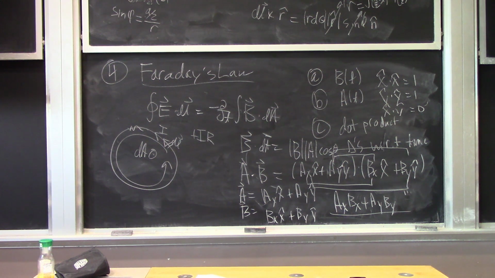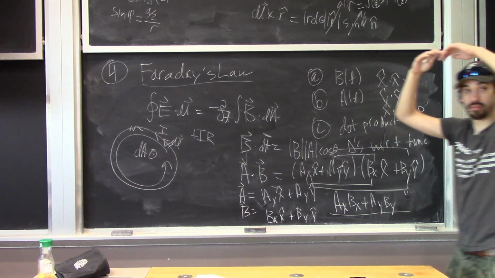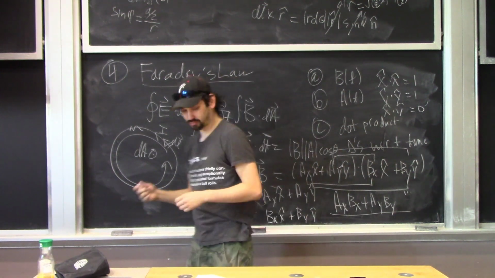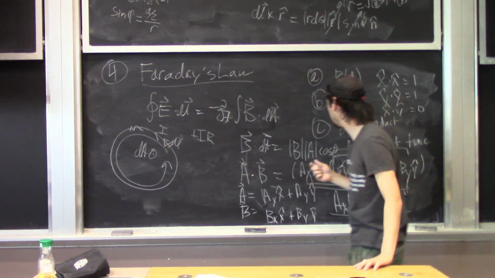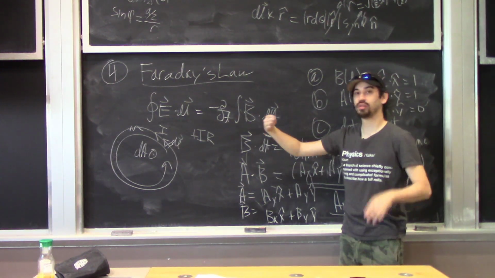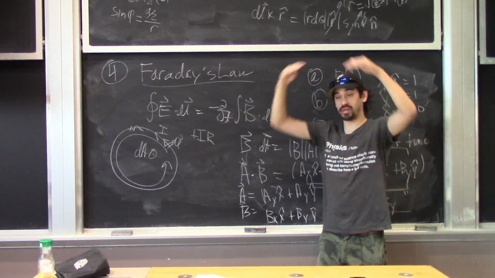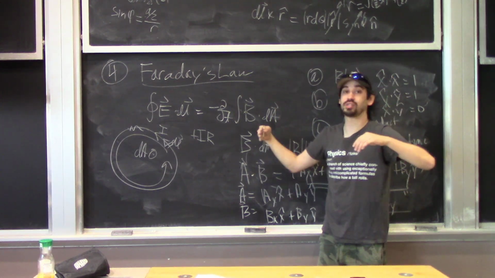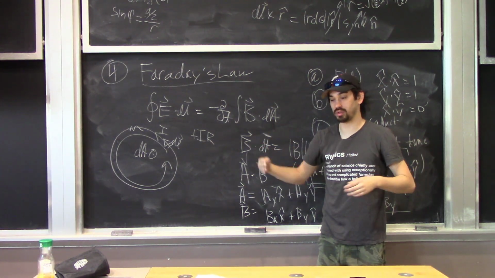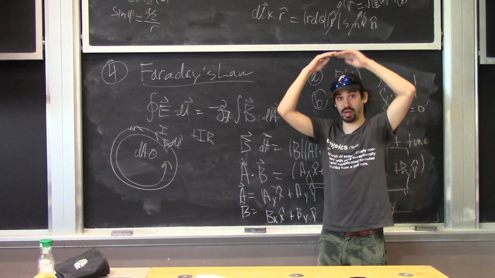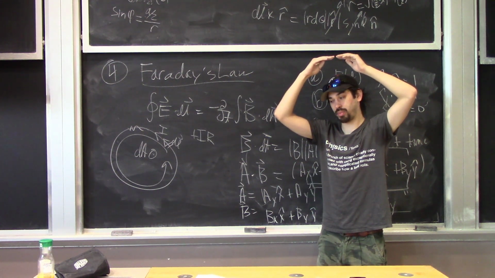Other questions? Yeah. What's an example of the dot product changing with time? That would be like the loop that's spinning. Say I have some magnetic field pointing this way, and this magnetic field is constant, and a loop with a constant area.